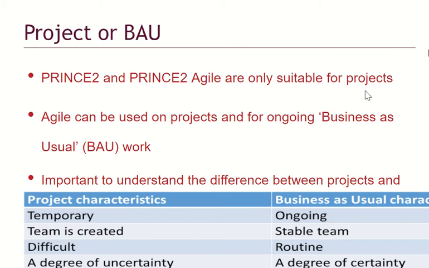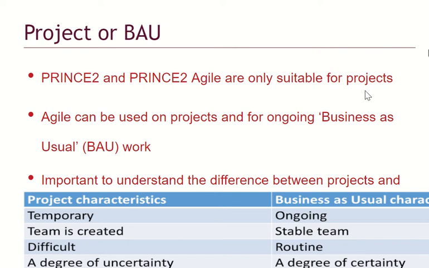They are not suitable for business as usual. Because they are not suitable for business as usual, it therefore means that Prince2 and Prince2 Agile are for projects only. So we need to know the meaning of a project. We'll talk about that later in detail.